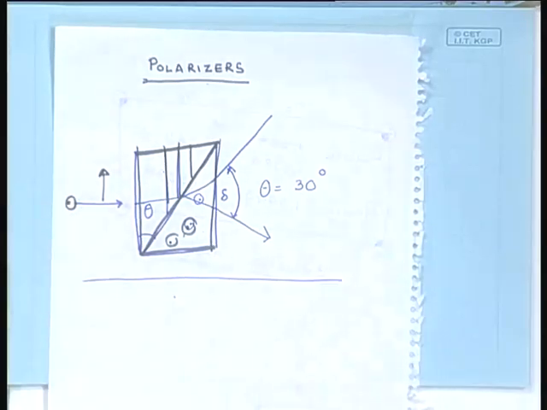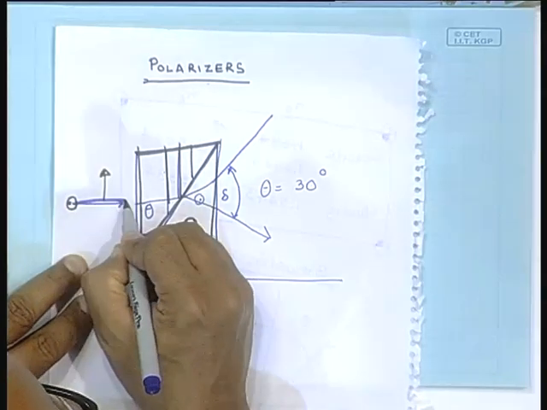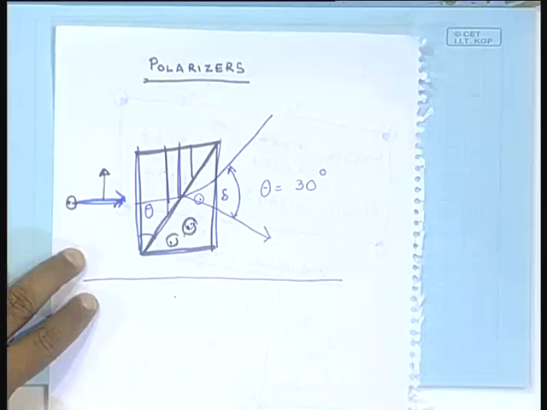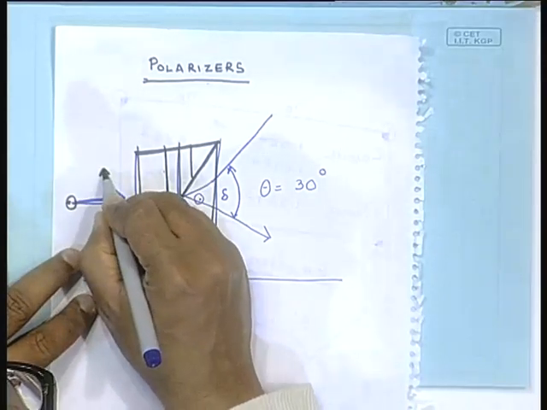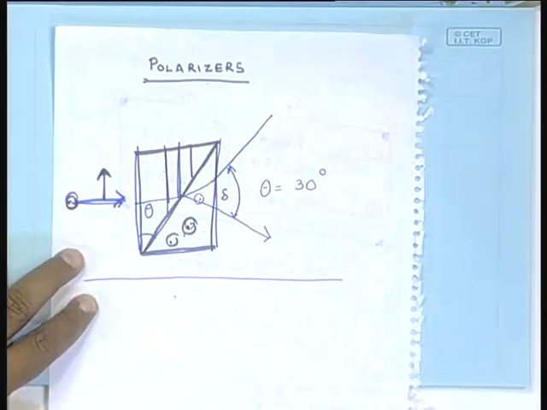Now, consider a situation where we have unpolarized light incident on this. The unpolarized light can be broken up into two polarization components, one like this and one perpendicular to the plane of the paper. Let us consider them one by one.